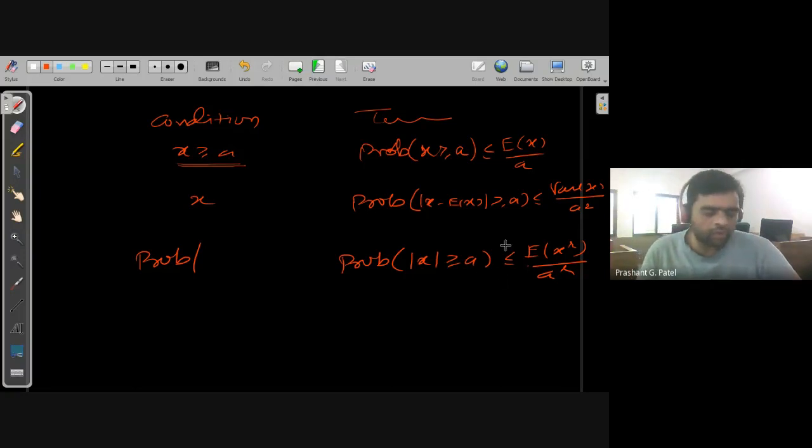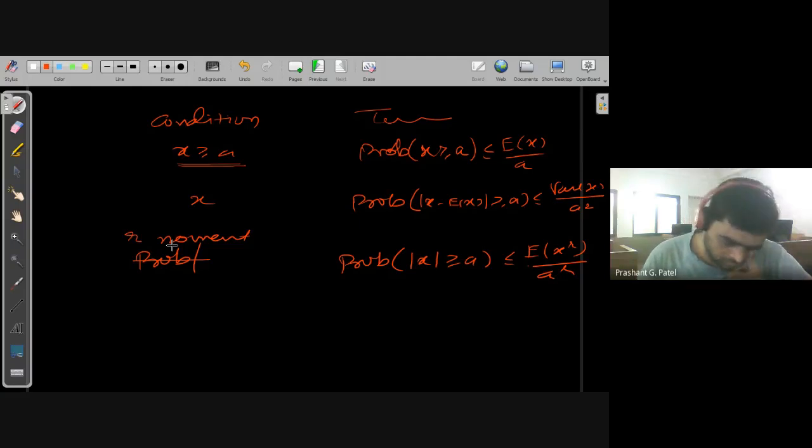This is the Markov inequality for higher moments. This is a moment bound. And so on. There are other bounds as well, but we'll not discuss all of them here. So I think we can stop for today.